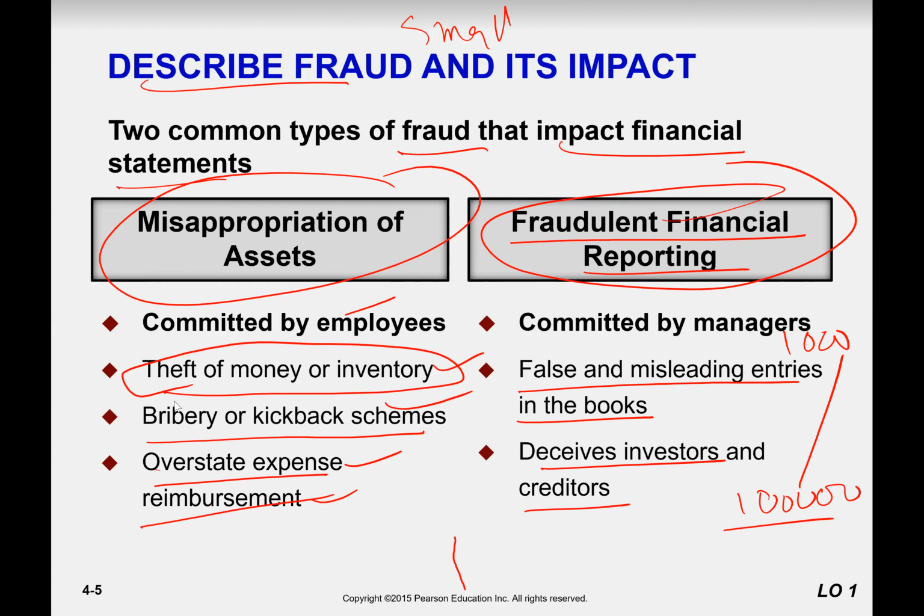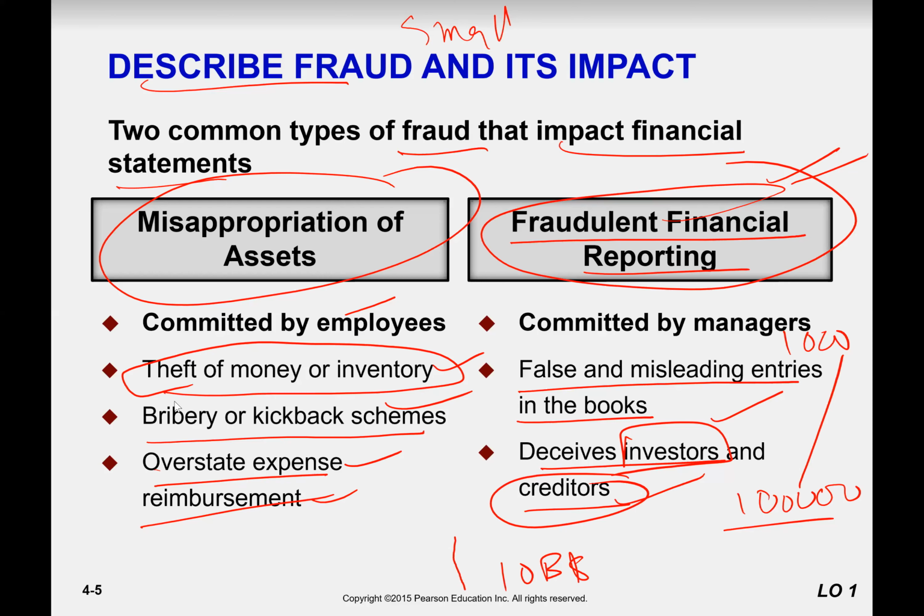But the most dangerous one is fraudulent financial reporting, in which you deceive not just customers, but also investors and creditors. You ask for a loan of $10 billion based on fraudulent financial reporting. Look at the magnitude of that. $10 billion.